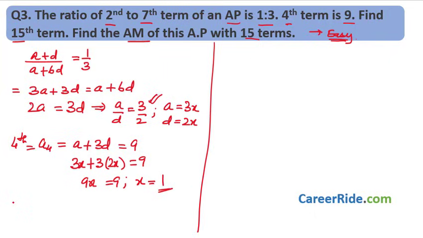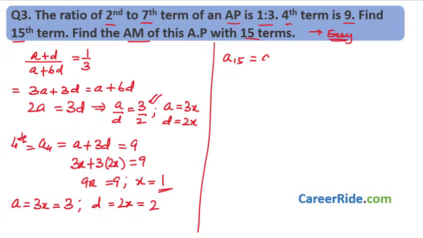What does this give me? It just tells me that my A is equal to 3x, which is 3 now, because x is 1. And similarly D is 2x. So the value of D actually is 2. Now see how easy this question is. What is given to me further? It is given to me that I have to find out the 15th term. So A15 is what I have to find out.